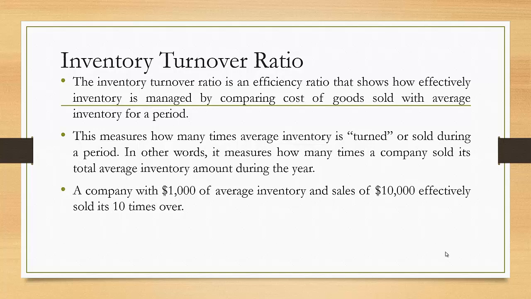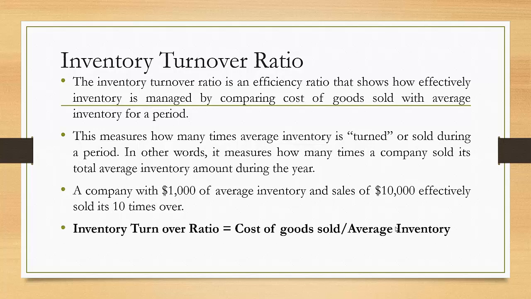In other words, it measures how many times a company sold its total average inventory amount during the year. A company with $1,000 of average inventory and sales of $10,000 effectively sold its inventory 10 times over.